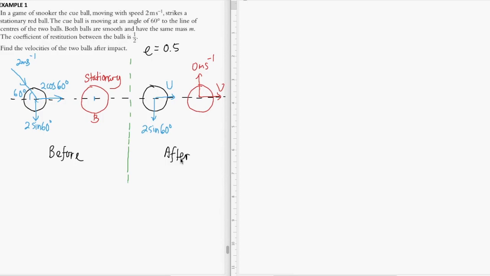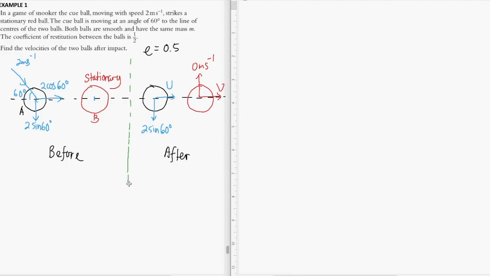In a game of snooker, the cue ball, which is the one labeled with the color black, is moving with a speed of 2 meters per second towards the red ball B here. Okay, hold on. This is the cue ball, and this is the red ball.